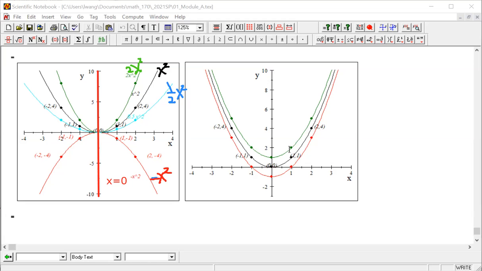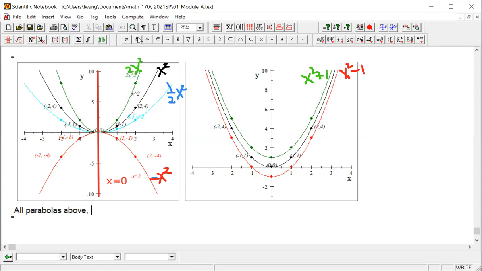And how about these three curves? We got x squared minus 1 on the red, sorry, x squared minus 1 here. That's symmetrical with respect to the y-axis. And the green is x squared plus 1. All these curves, all the parabolas above, what are they?